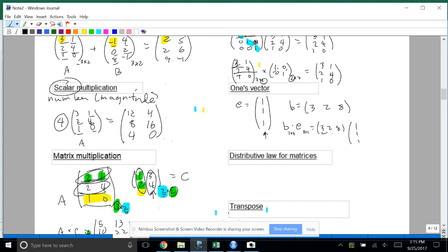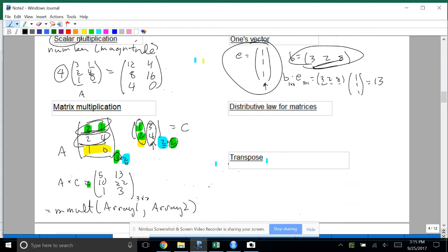So 3 times 1, 2 times 1, plus 8 times 1 will equal 13. So this ones vector, where one of the dimensions is a 1, sums up the items in the column or the row of this array over here.